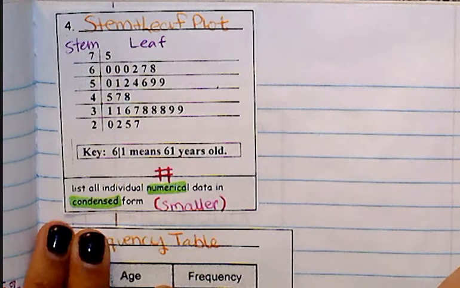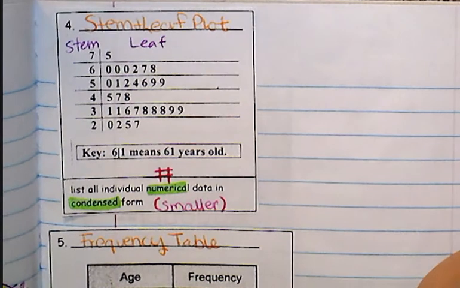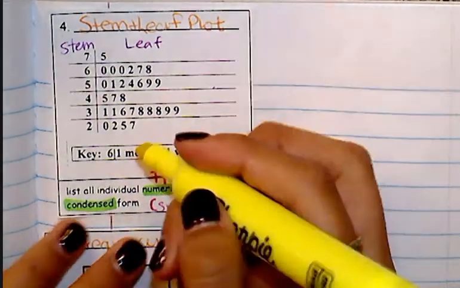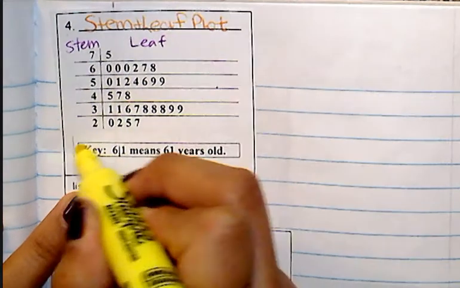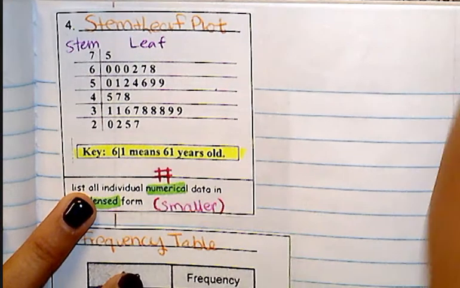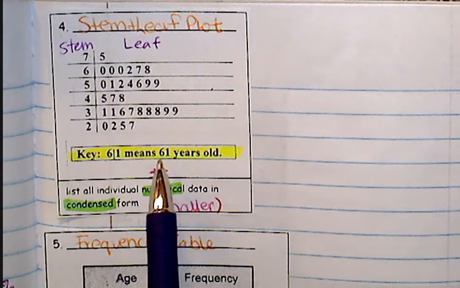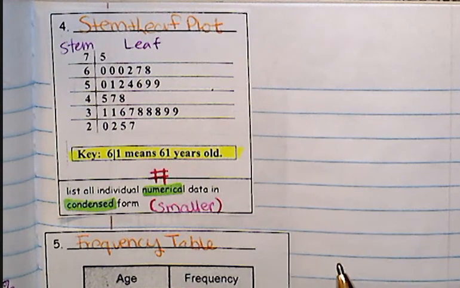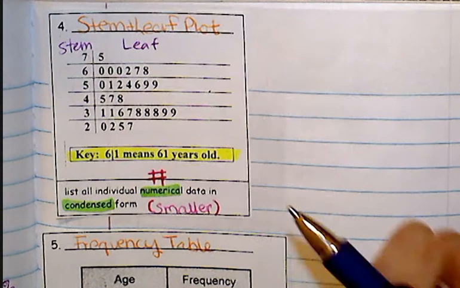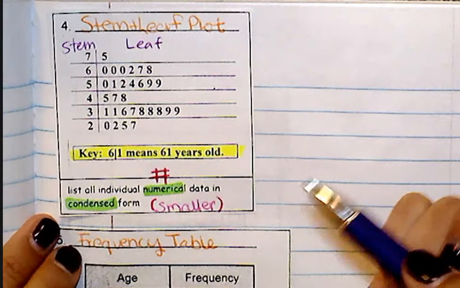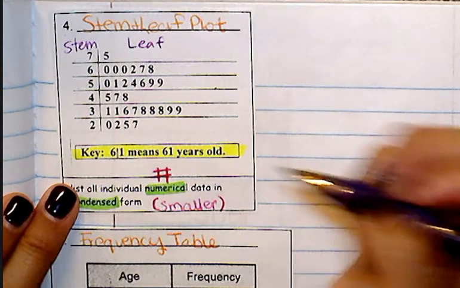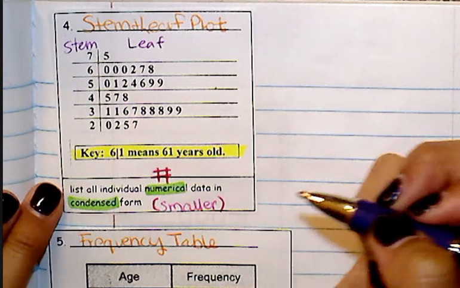Looking at the key is super important. That says the 6 is the stem and the leaf is 1, so that means 61 years old. So in this case, the stem represents the tens place and the 1 represents the ones place.